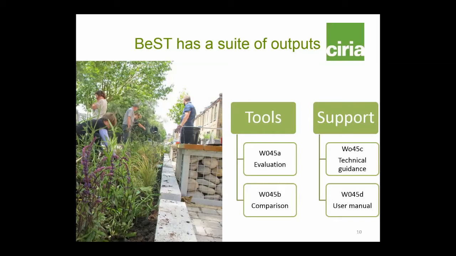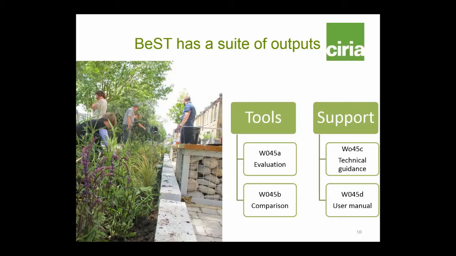It's been designed to be functional in 2010 and 2013 onwards, purely from a functional perspective within Excel. Along with the evaluation tool, you also have W045B, which is the comparison tool, and that simply allows you to bring in individual evaluations, so you can then compare those summaries.